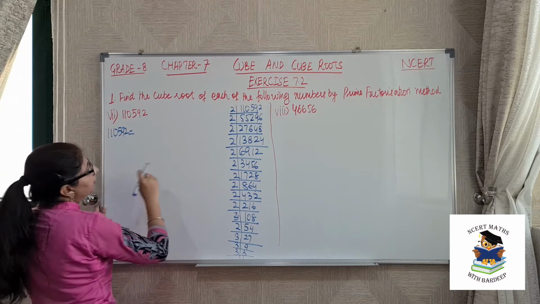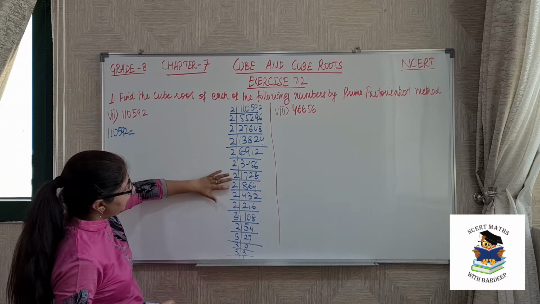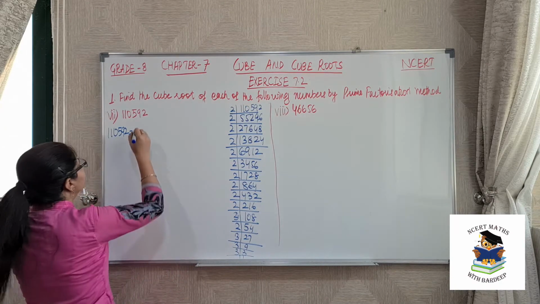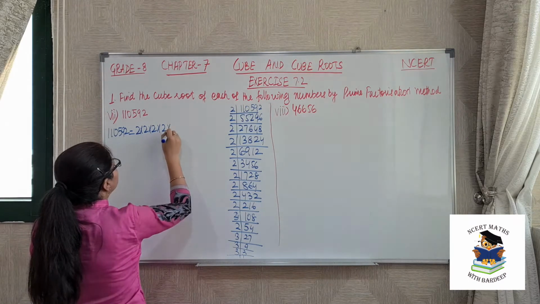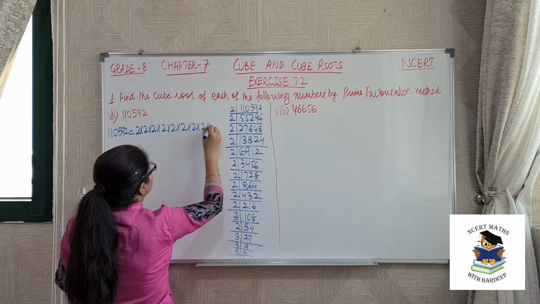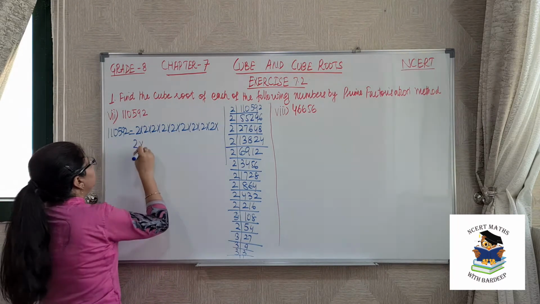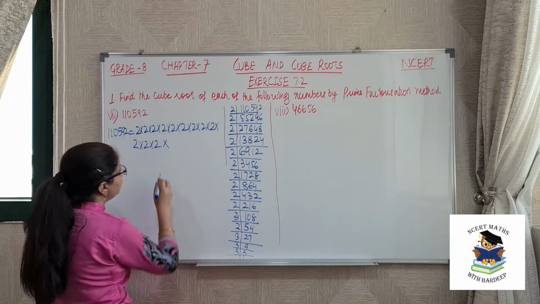So 110592 can be written as, let's see, 1, 2, 3, 4, 5, 6, 7, 8, 9, 10, 11, 12. So 12 times 2, and 3 times 3.